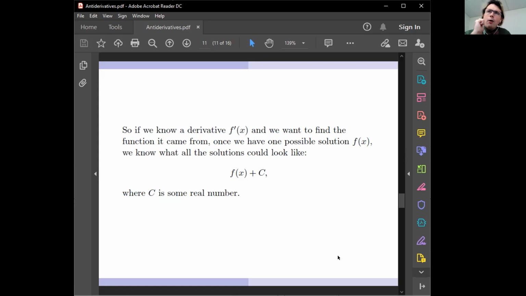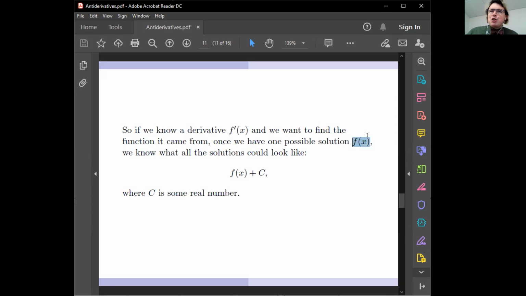So what I'm going to do, step 1, I'm going to try to find some possible solution, right? I know how to take derivatives, and as long as I think about it, I think I should be able to undo derivatives too.